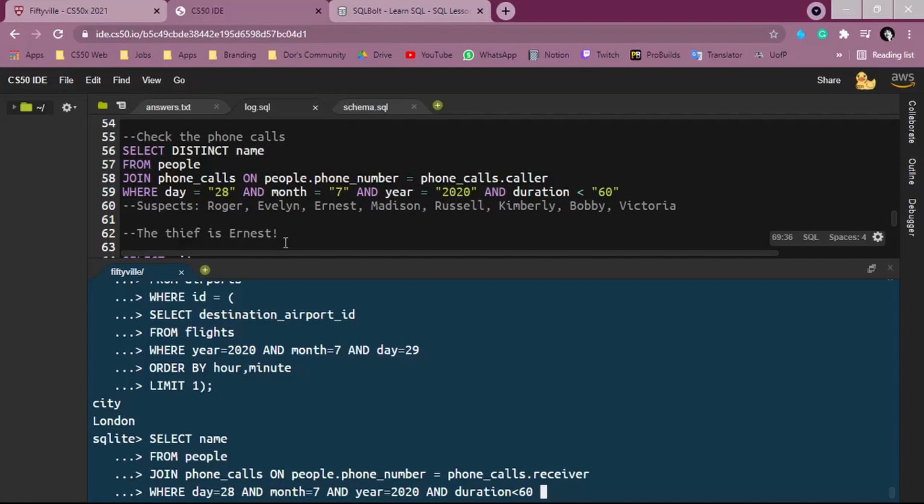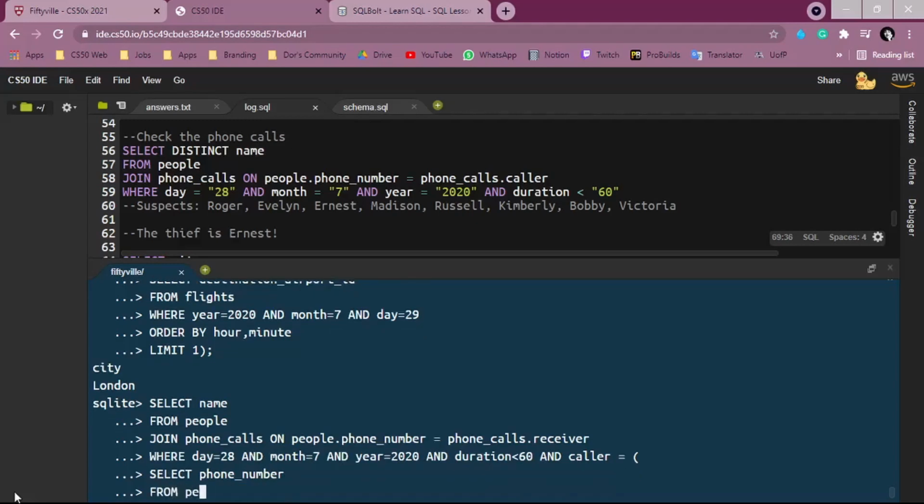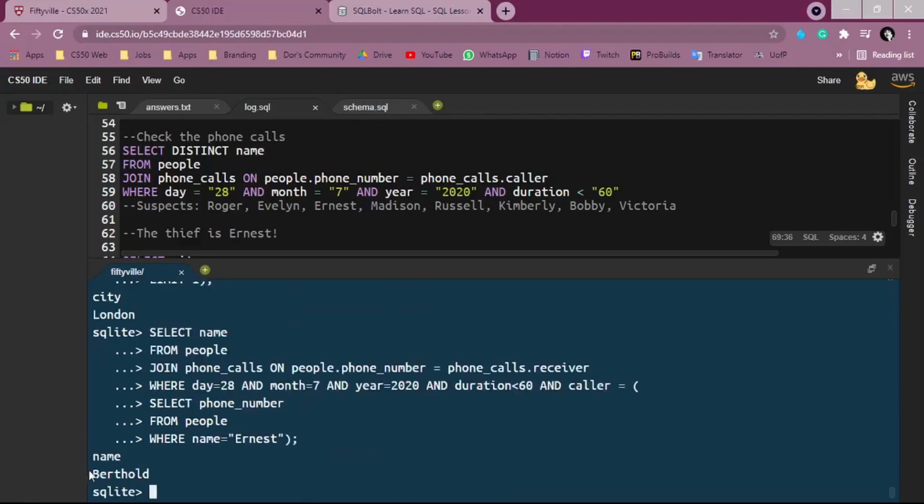And we're going to say this, okay? So, and caller is equal to, and here we're going to get the information by doing this. We're going to select the phone number of Ernest, okay, to do this match from people where name is equal to Ernest, okay? And when we run it, we're going to get the name of the accomplice, that it's Berthold.